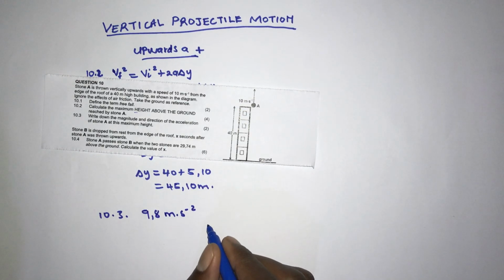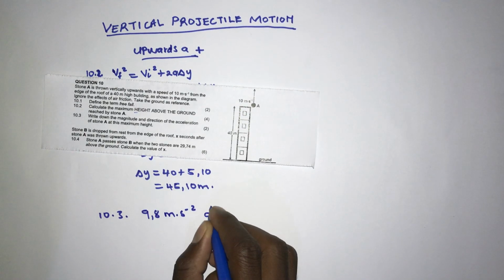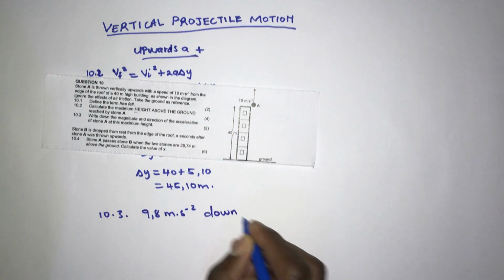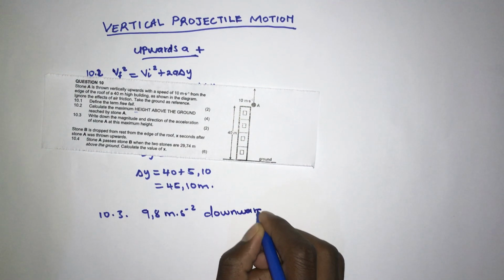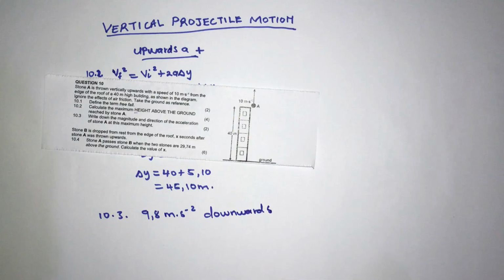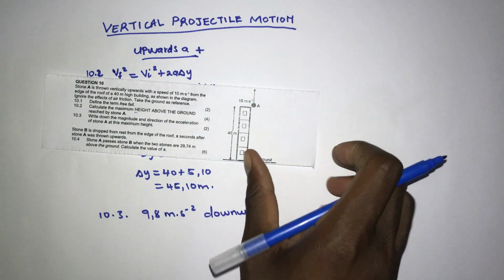The direction of gravitational acceleration is always downwards. It doesn't matter where the ball is going, the direction is always downwards. Remember that.